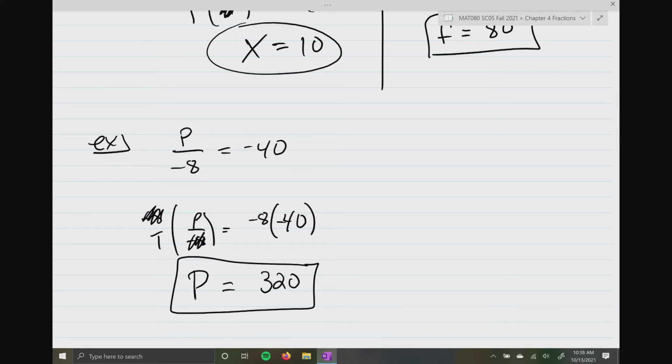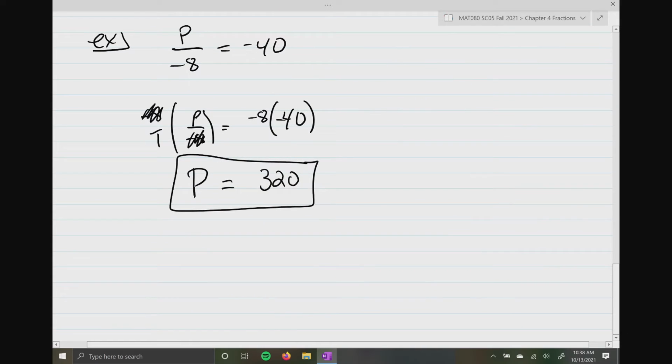So now let's look at a situation like this. If we wanted to solve -c equals 41, okay? We do have to be a little bit careful. Because remember, we want to isolate the variable.